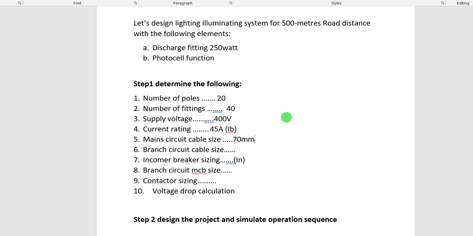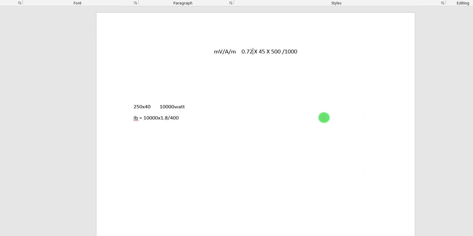So now we want to determine the current of each pole so that we know the MCB for our branch circuit. All right, go back to our calculation table.